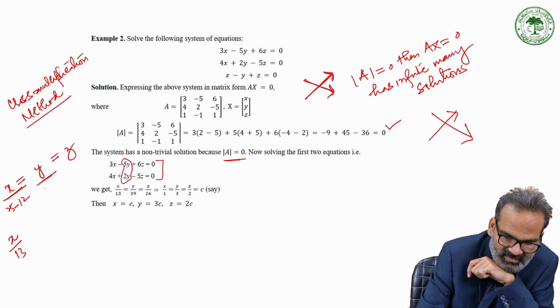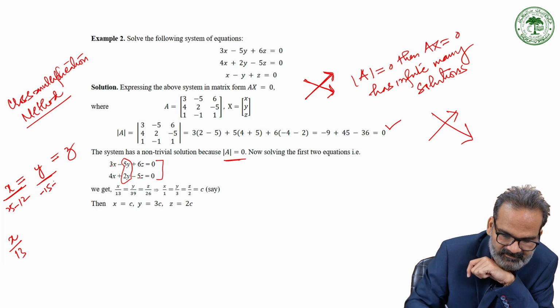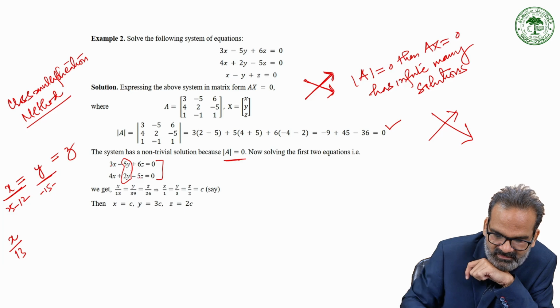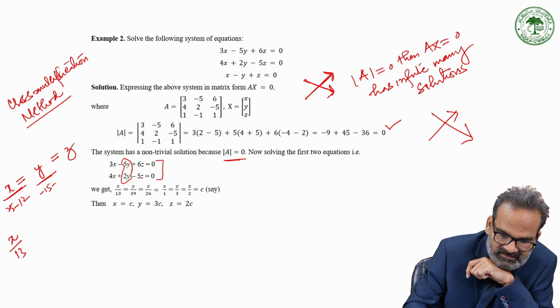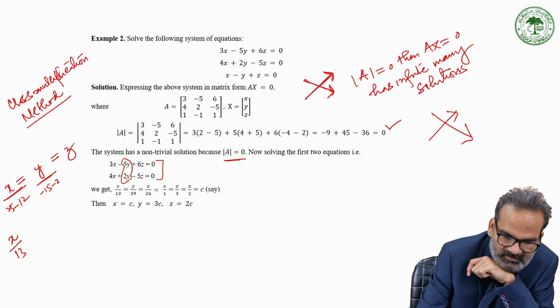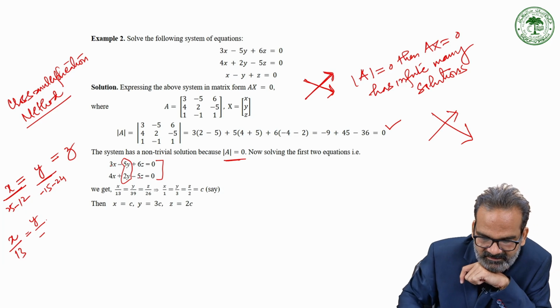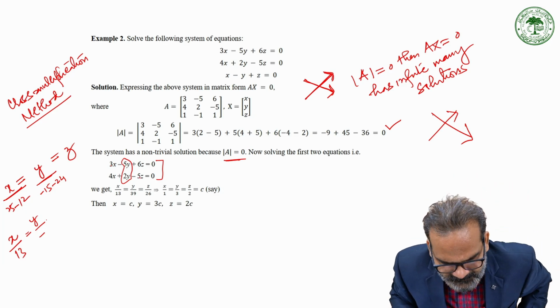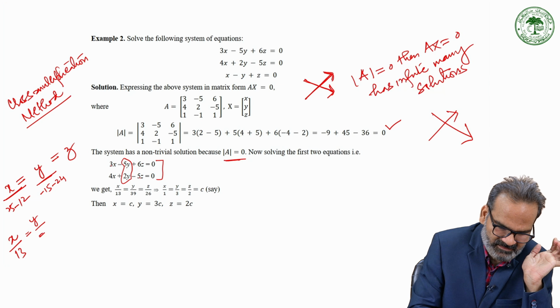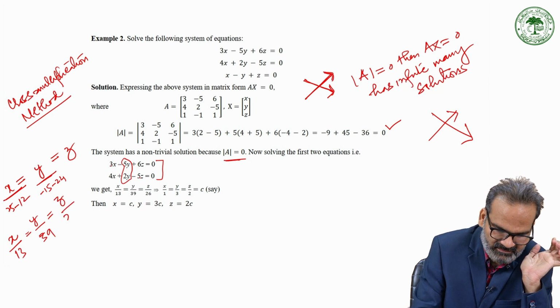So 3 into 5 is minus 15, 4 into 6 is 24. So this is equal to y divided by minus 39, right? This is 39 and this is z equal to, similarly, 26.